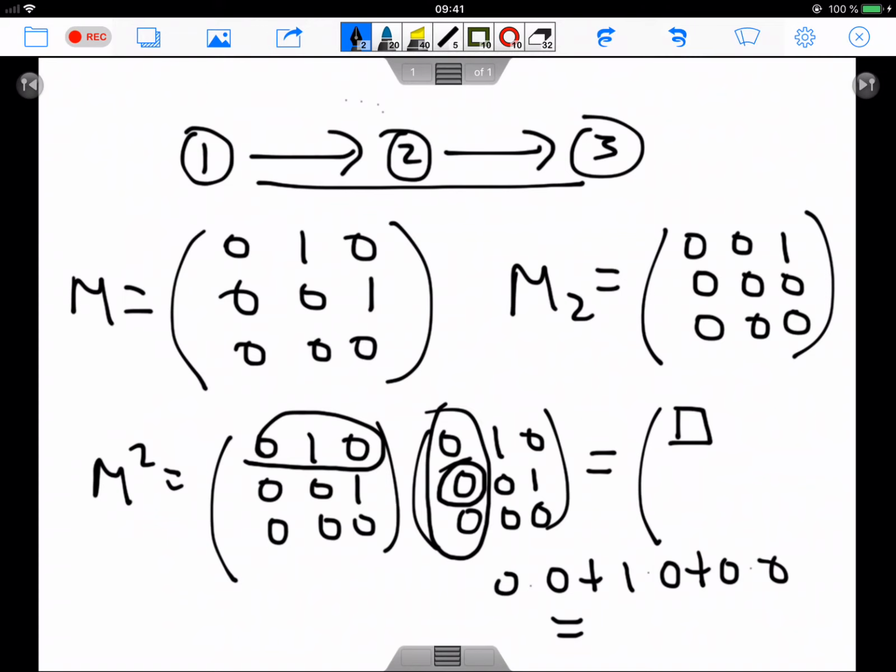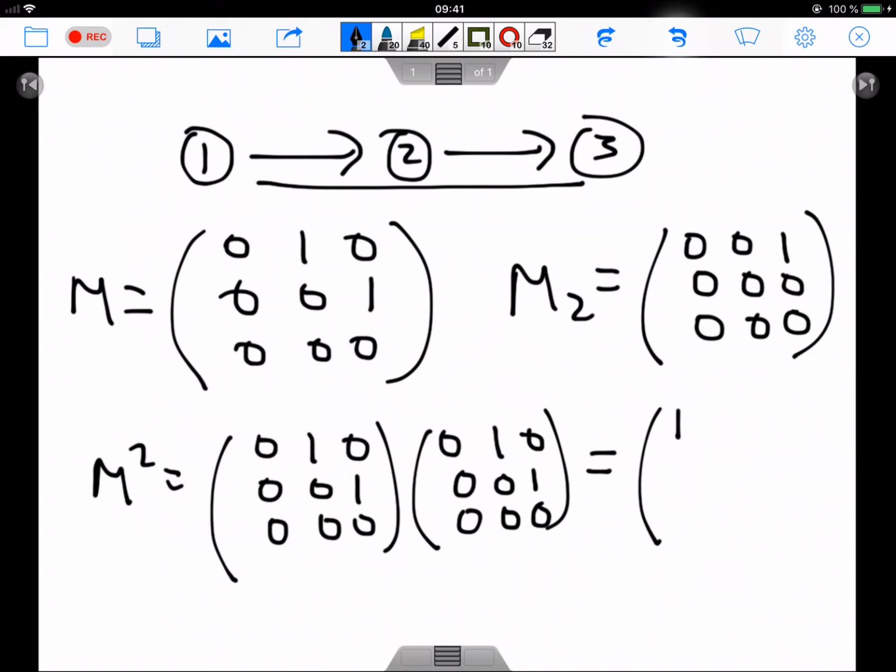Let's see an example now with the multiplication for the second element. We know that this element is 0, we have just computed that.